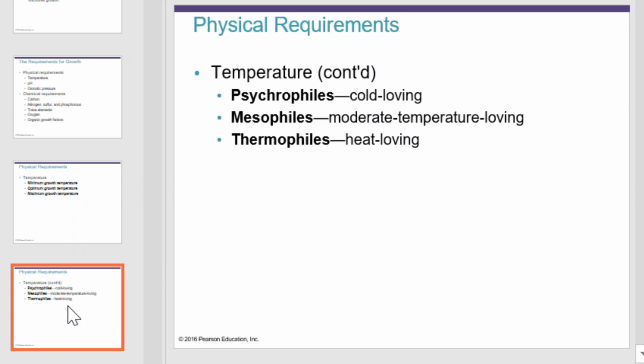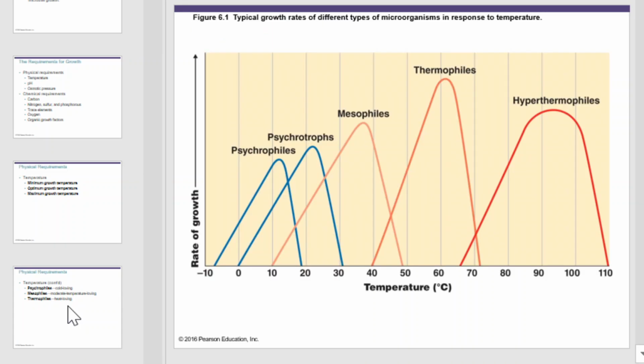In terms of temperature, we can sort organisms based on the temperatures they prefer into some specific categories, which are named here for you. I prefer to talk to you about them in this graphic form. So here you can see that we have 5 different categories to sort organisms by the temperatures that they prefer.